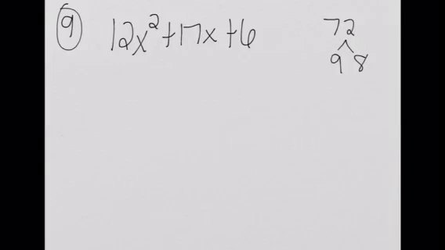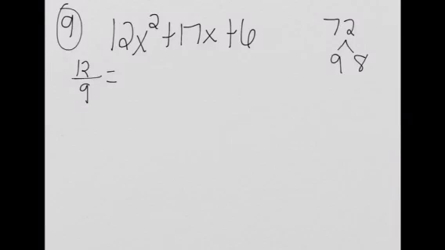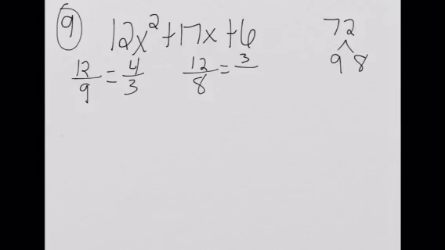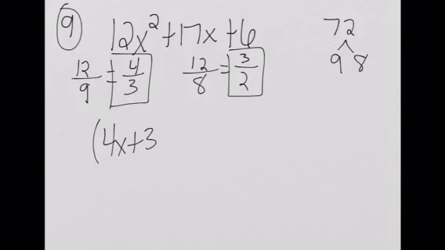So if I write up my 2 fractions, that's 12 over 9, which reduces, dividing each by 3, to 4 over 3. And then 12 over 8, dividing each by 4, reduces to 3 over 2. So there are my 2 fractions in reduced form. And therefore my factors are 4x plus 3, and then 3x plus 2. And there's our factored form for number 9.